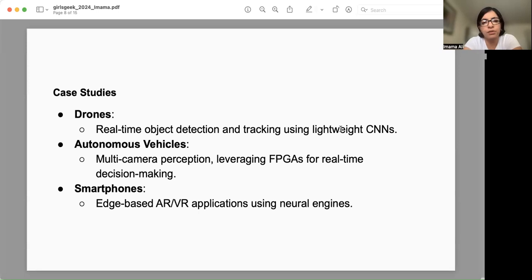These are some of the areas which use edge computing for different applications.